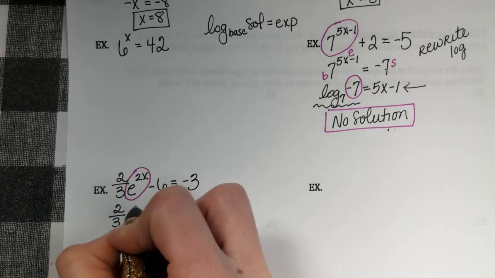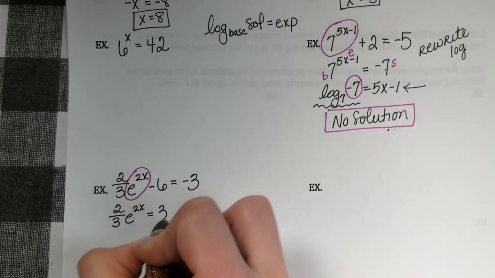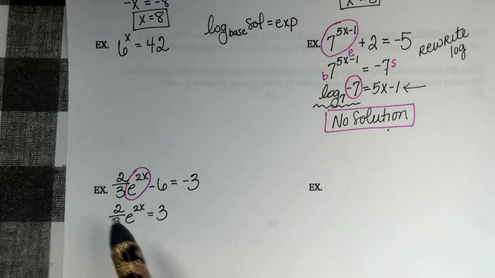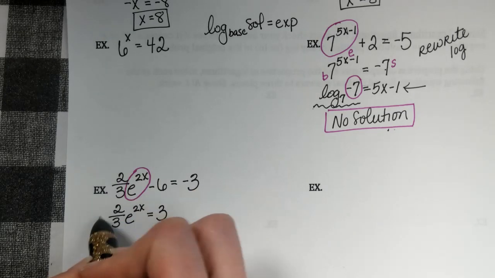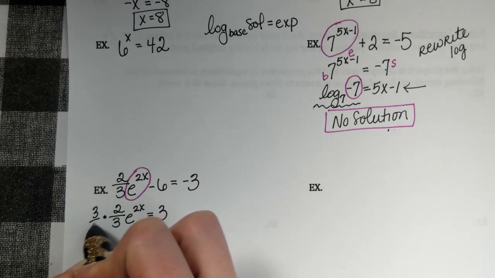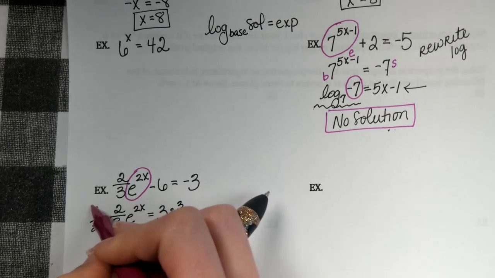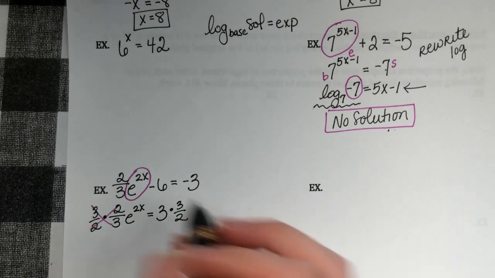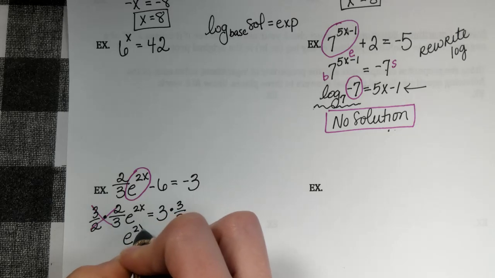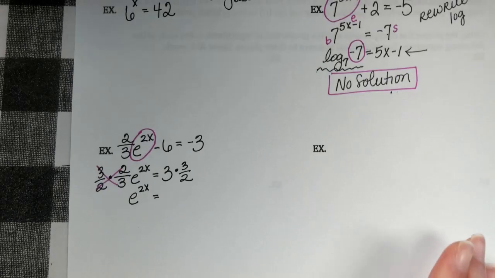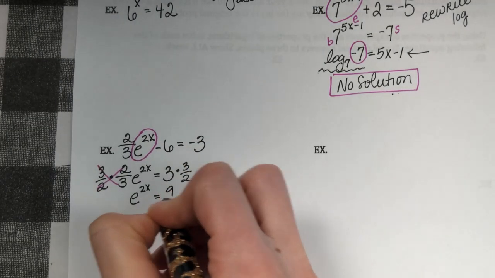So 2/3 e to the 2x equals 3. And then I want to get rid of that fraction. If it's 2/3, I'm going to multiply by the reciprocal, and I have 3/2. That will cancel the fraction, leaving me with e to the 2x power equals 3 times 3/2 will be 9/2.